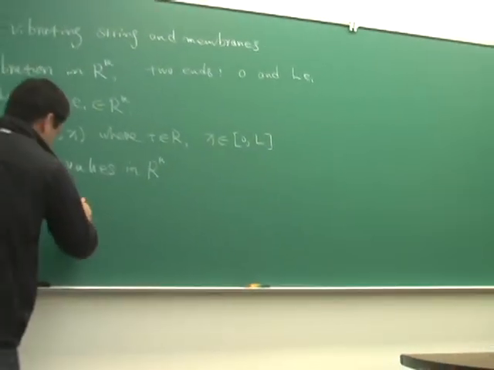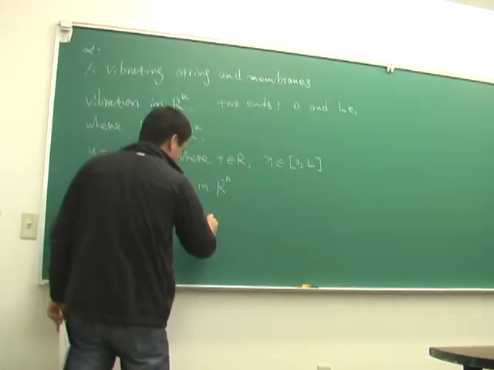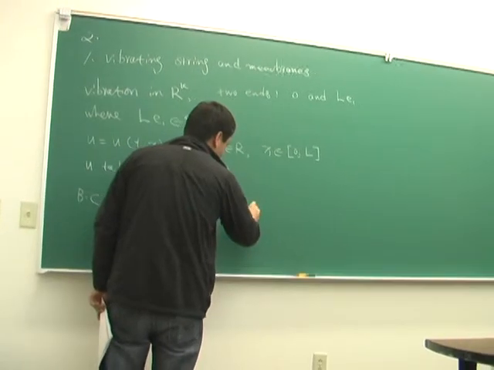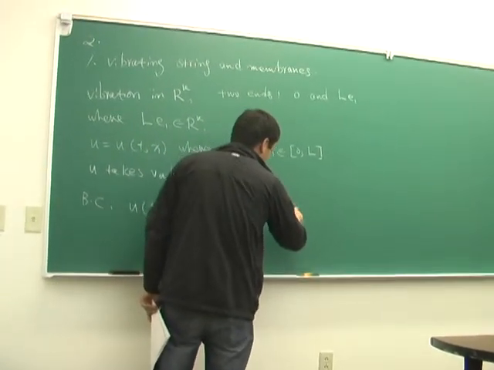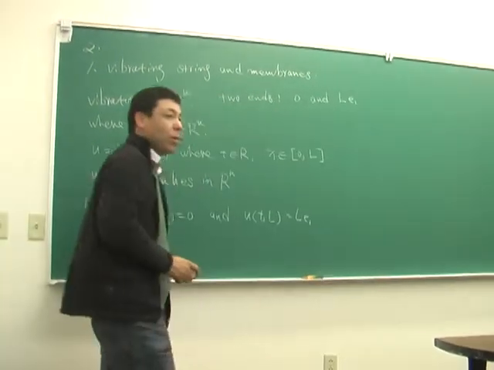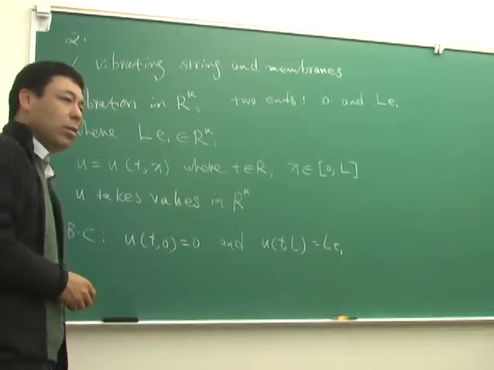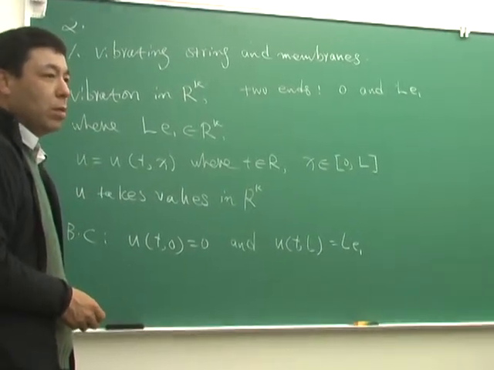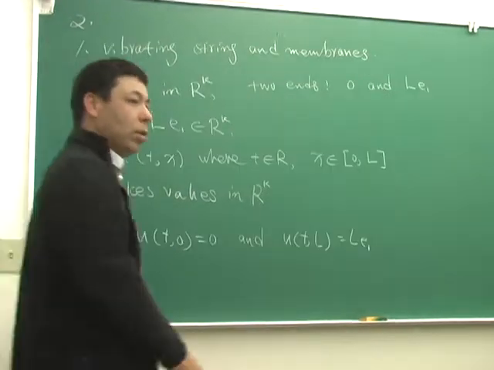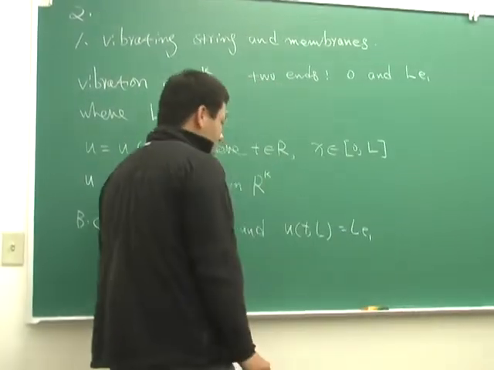And this u has the boundary condition u(t,0) and u(t,L) should be 0, the last one. This one? Yeah, if you type it.